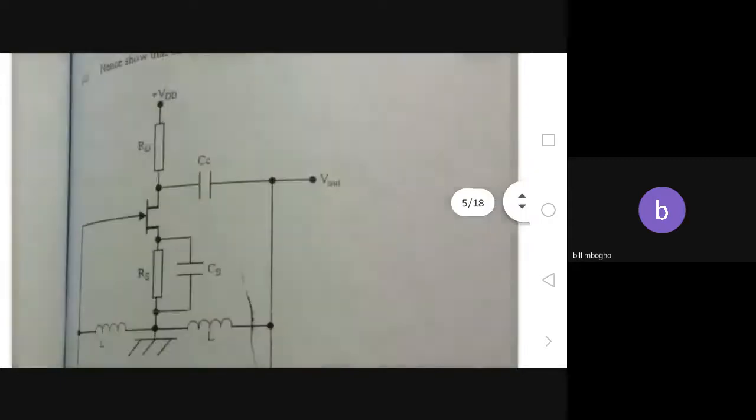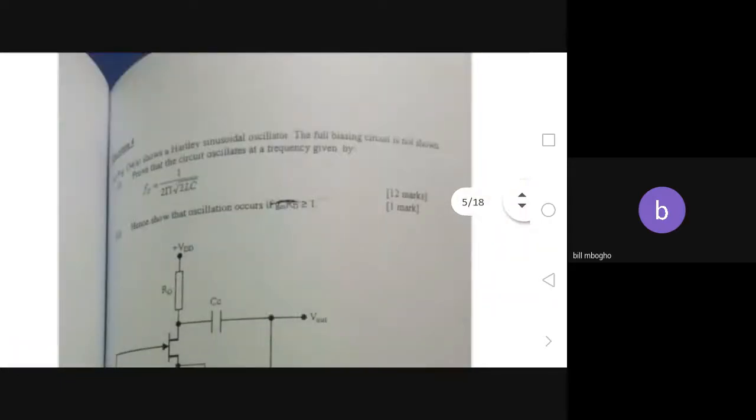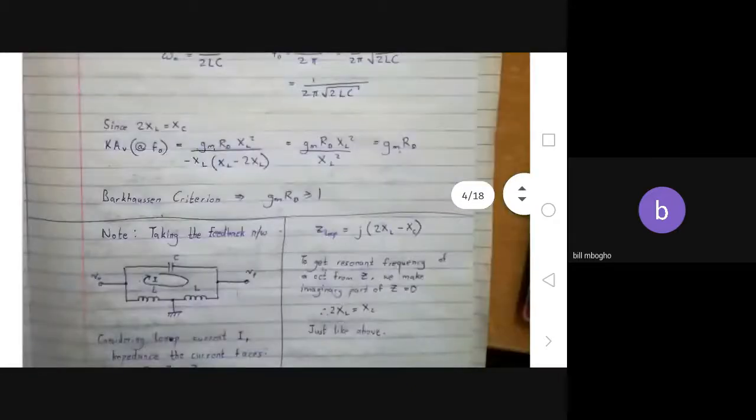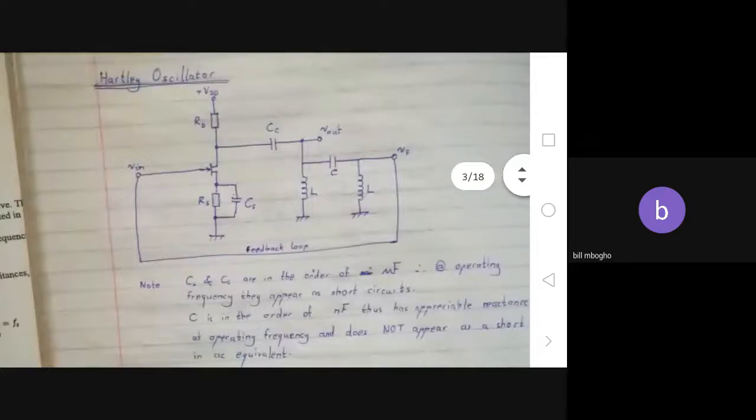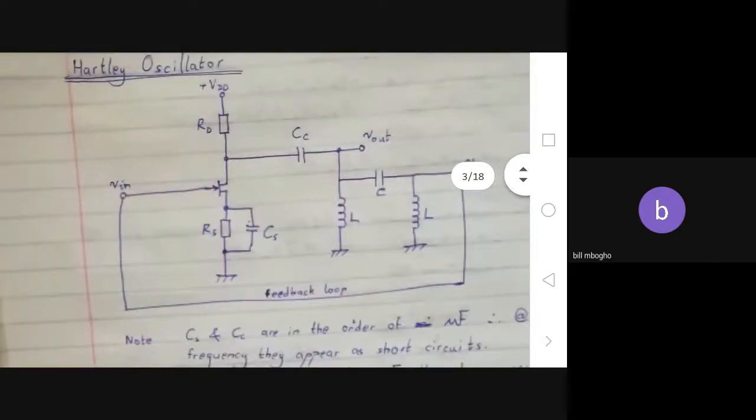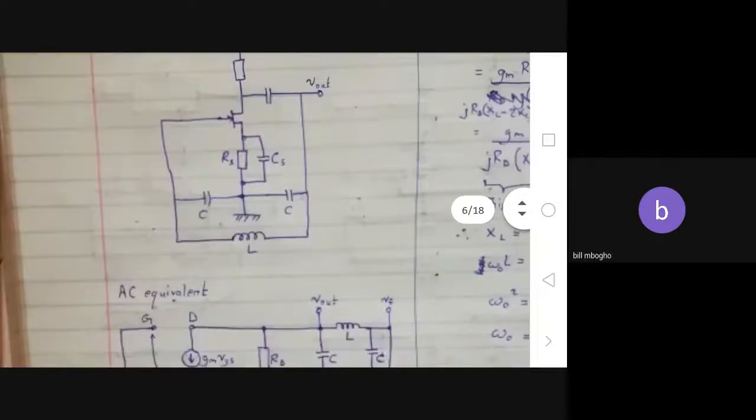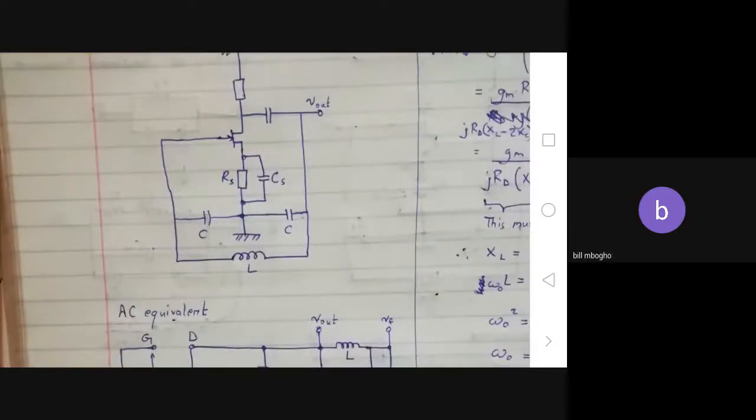Okay, so you remember the way the Hartley looks? The only difference will be that wherever you have L, you replace it with a C, and the C will be replaced with an L. So the Colpitts will end up looking like this. This is again drawn differently.